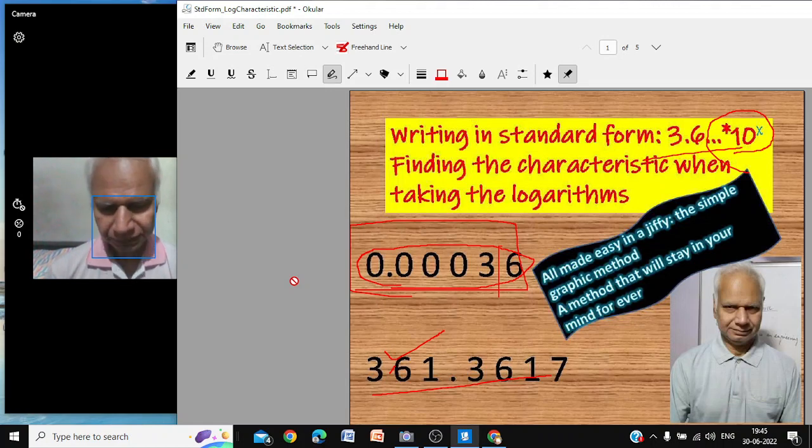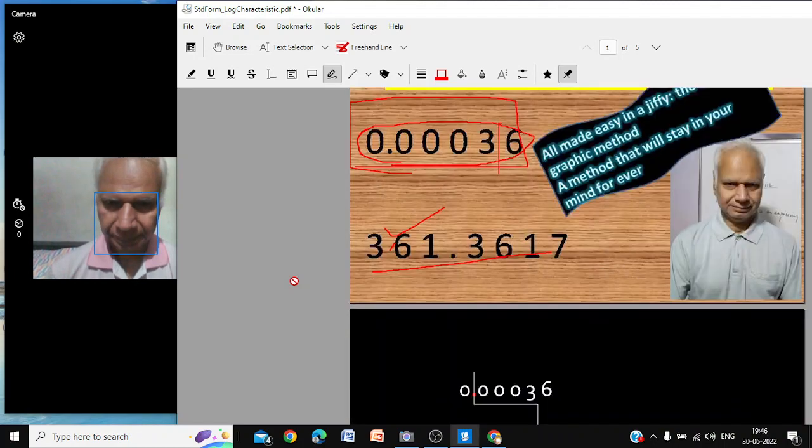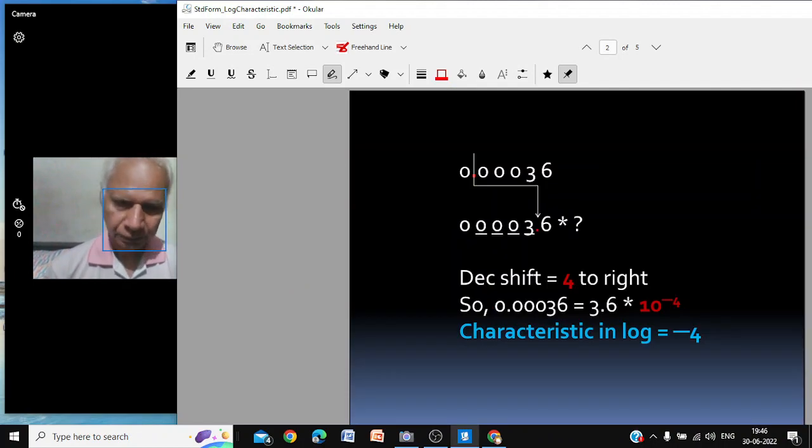As I told you, instead of verbiage we use graphics. Now the first number is 0.00036, and we want the decimal point after 3. So we have copied all the digits but put the decimal point where we want it.